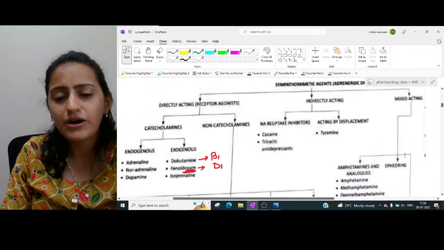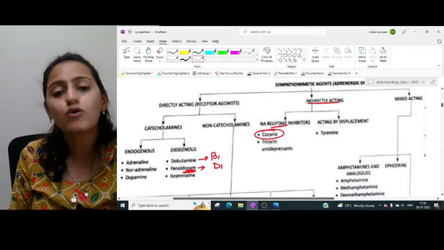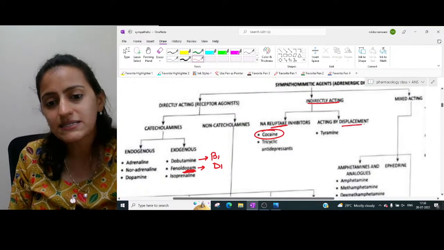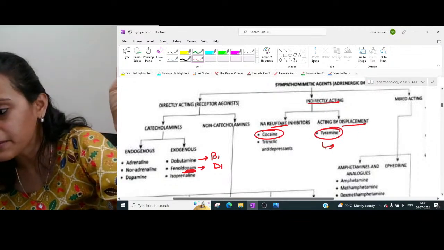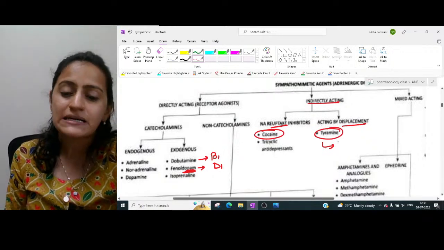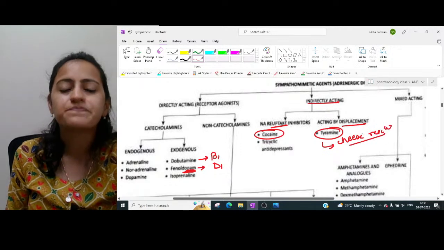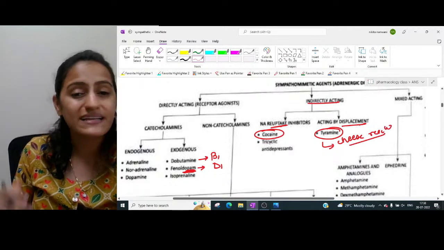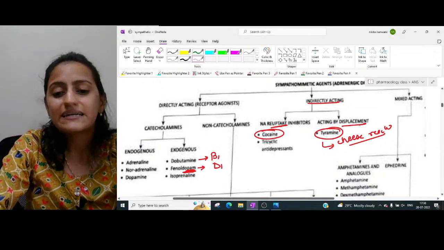Okay. Now indirectly acting, that is increasing the levels, reuptake. Remember cocaine is reuptake inhibitor. Displacement is tyramine. Can someone tell me the importance of tyramine? Yes, Dr. Priya, at least the drugs that we are discussing should be learned. Tyramine, basically, if you are asked about cheese reaction, tyramine has high content basically in old cheese, red wine.